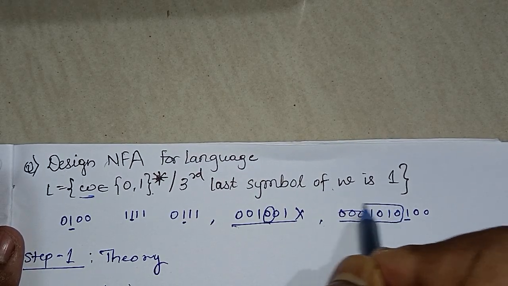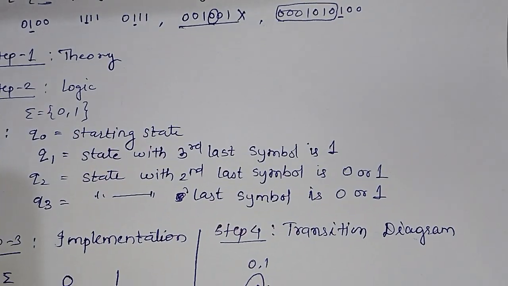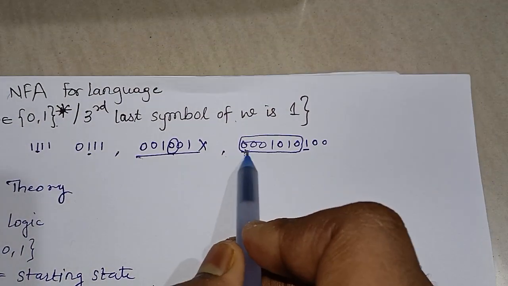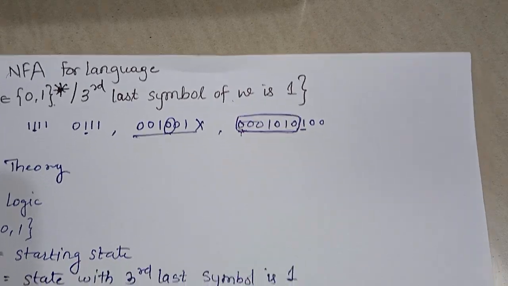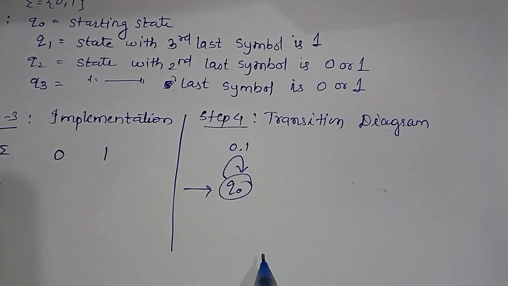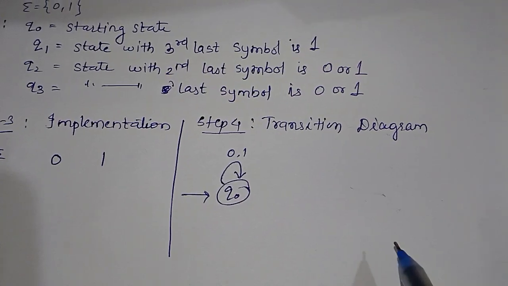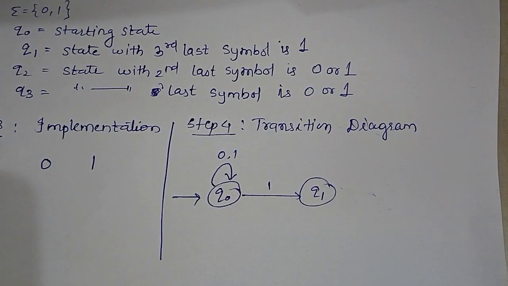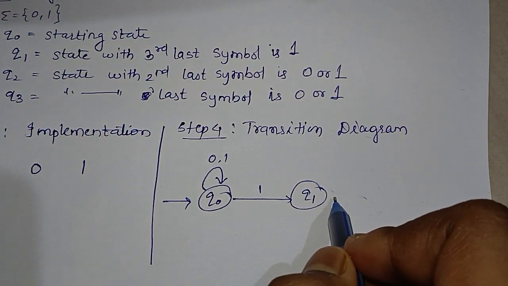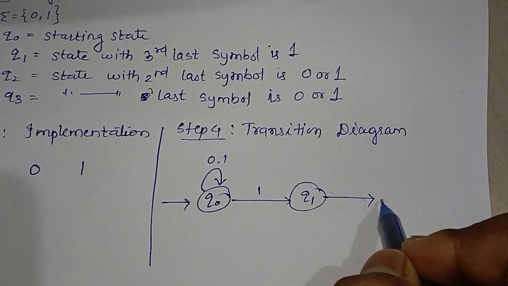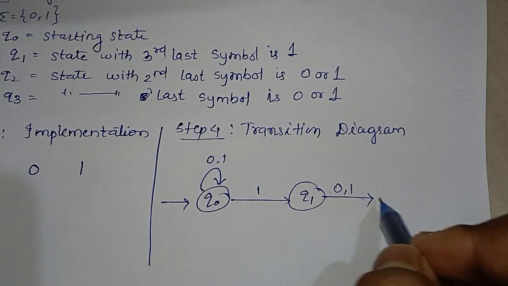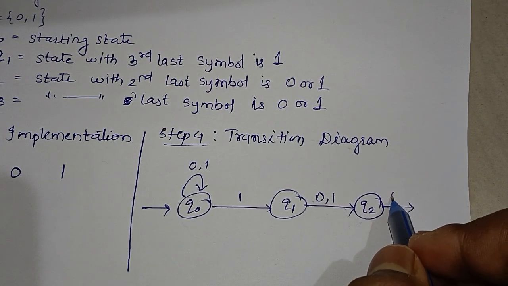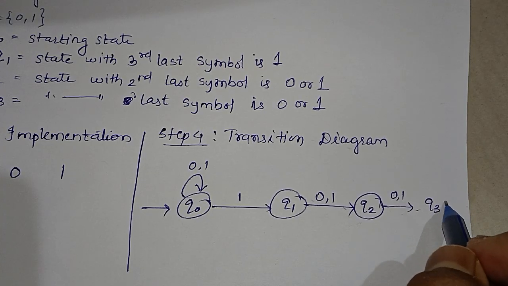All these zeros and ones will be taken by this starting state. Third last symbol is 1, pass it to Q1. Now second last symbol can be 0 or 1, I am passing it to Q2. Same, and the last symbol will be 0 or 1, anything, I am passing it to Q3.